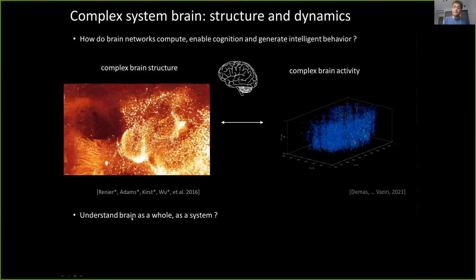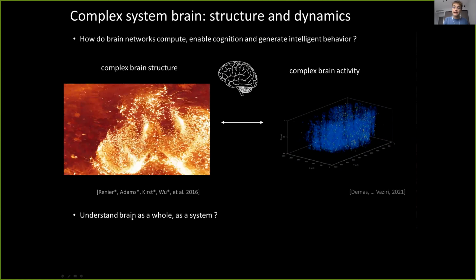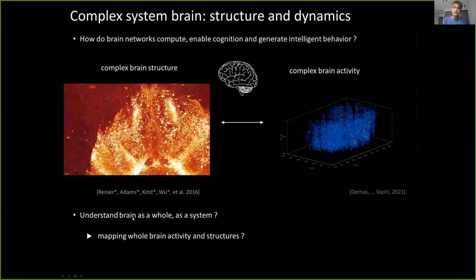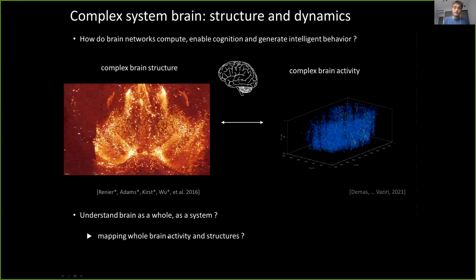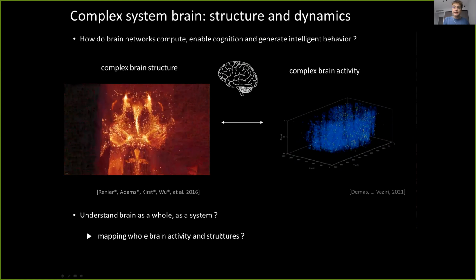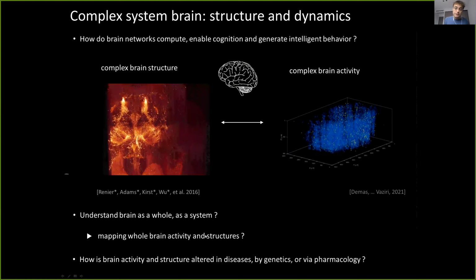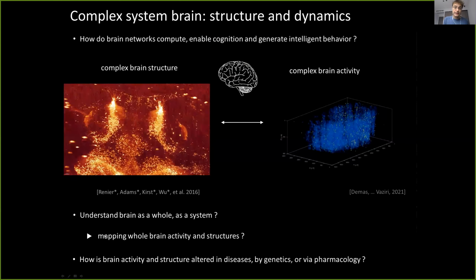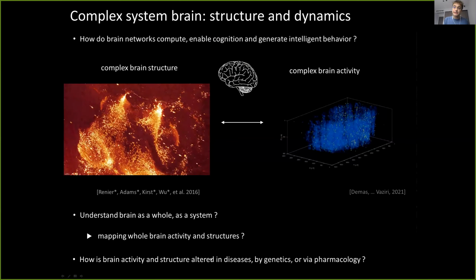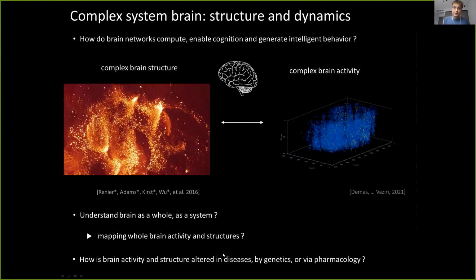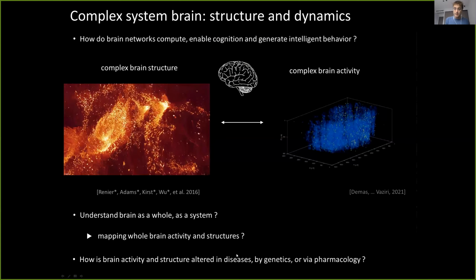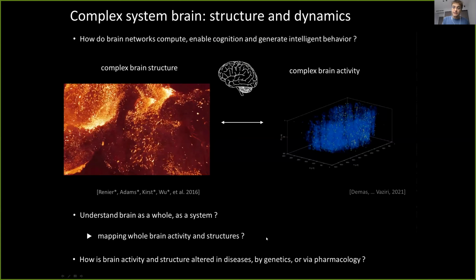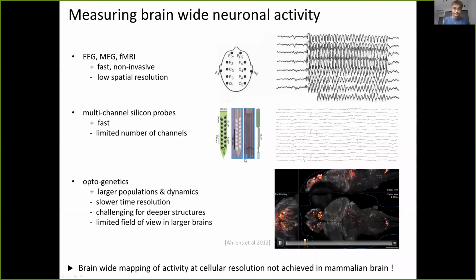So we'd like to map the brain as a whole, and particularly activity, as a system. We'd like to have tools to map activity and structure. Those tools, besides helping answer these fundamental questions in neuroscience, would also help to better understand the effect of diseases on brain states, and also the effects of genetics and pharmacology.